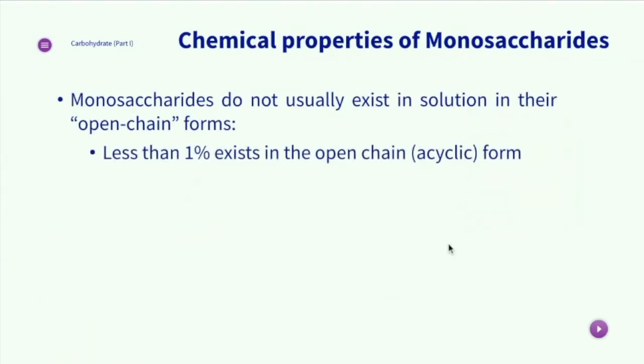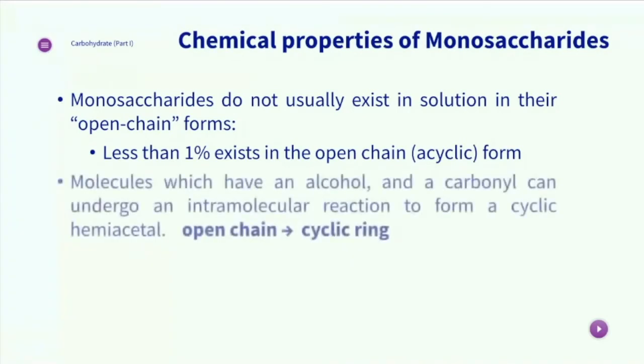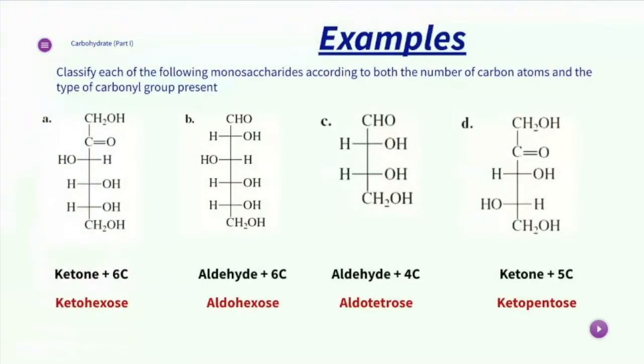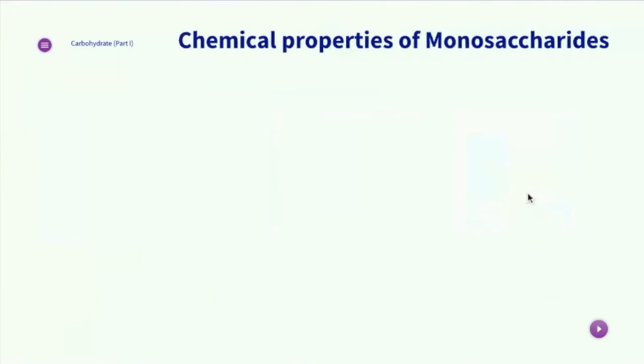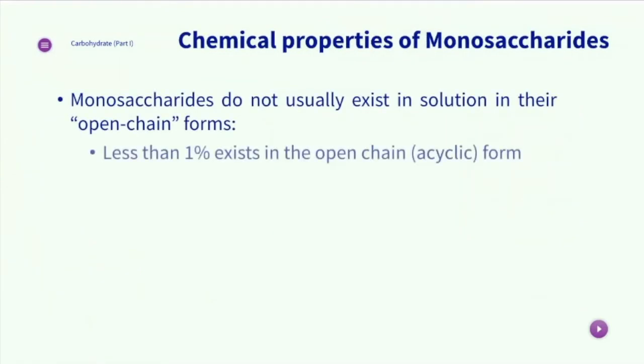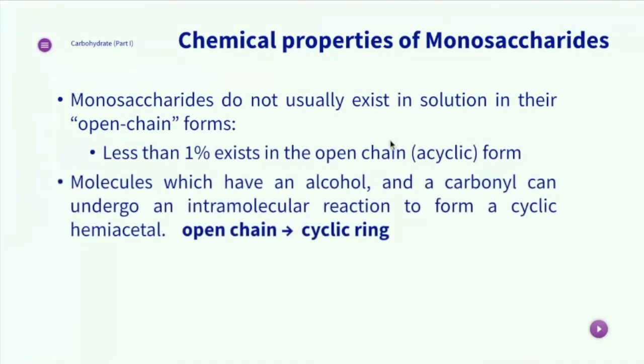Okay, so you should know that only 1% of monosaccharides exist in the open chain form. Open chain is like this one. Most monosaccharides will exist in a cyclic form. So a molecule which has an alcohol group and also a carbonyl group can undergo an intramolecular reaction to form a cyclic structure.